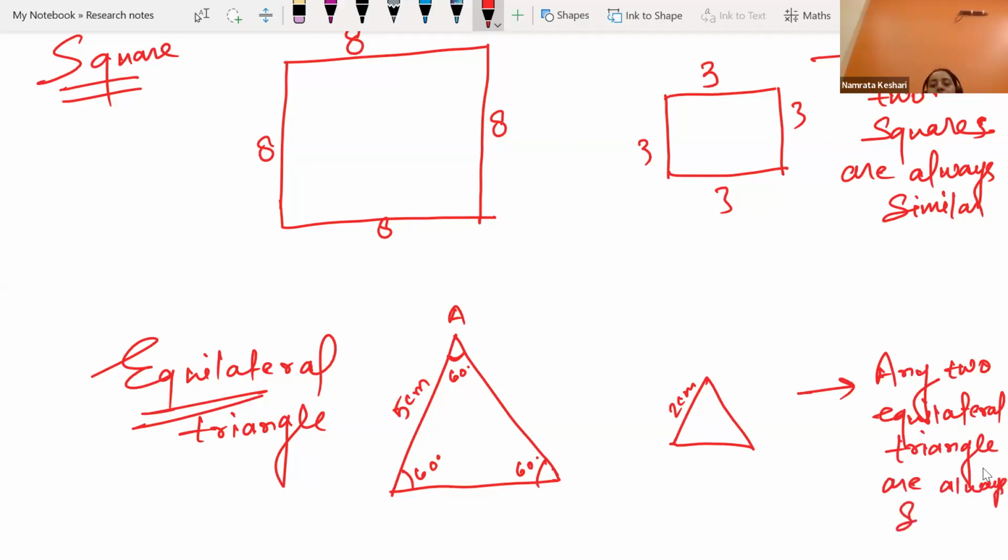So these are just a few. Apart from that, for other figures, Zoha, we have to check whether the figure is exactly similar or not.